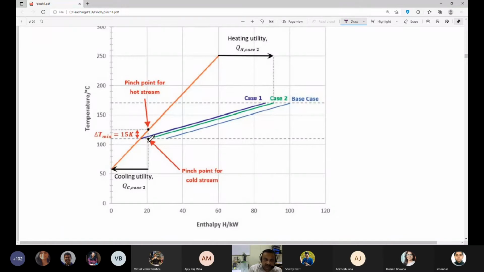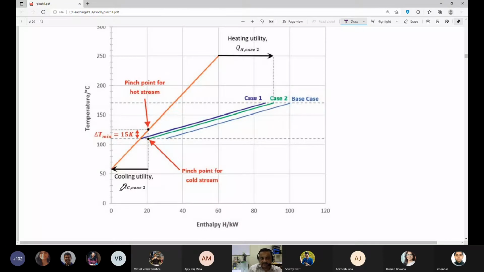You could have moved this line a little further and reduced delta T min to 10 degrees. Then the pinch point would have come down a little for the hot stream, and risen a little for the cold stream. That is a possibility, and that way we could have reduced QH and QC.